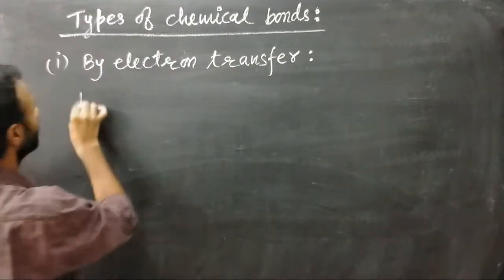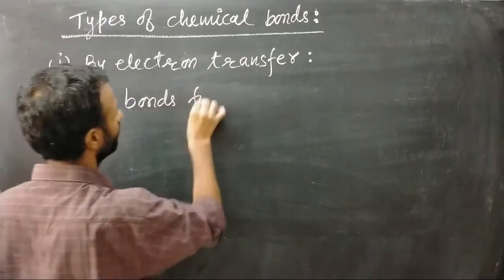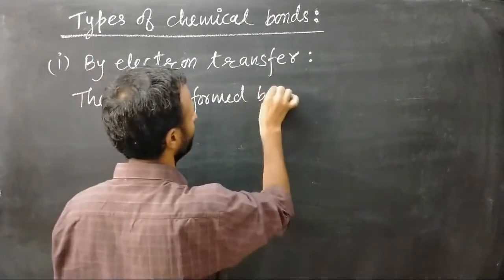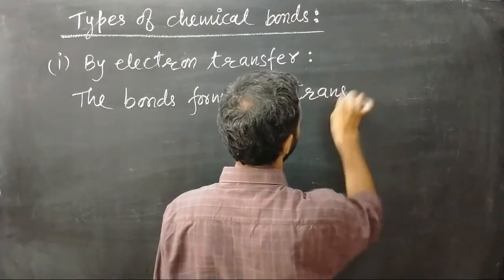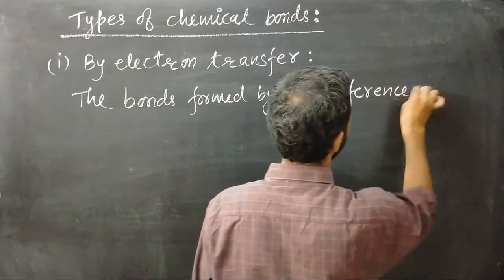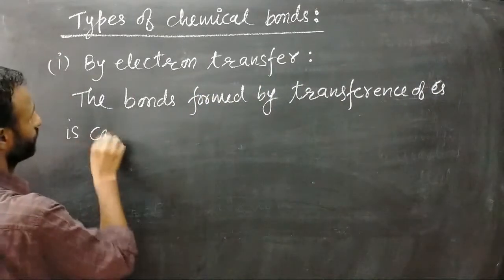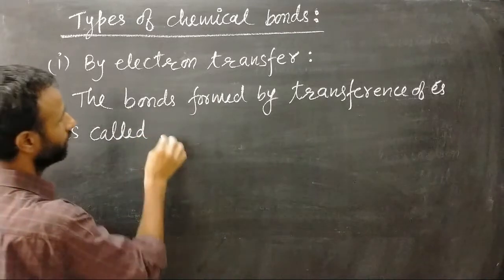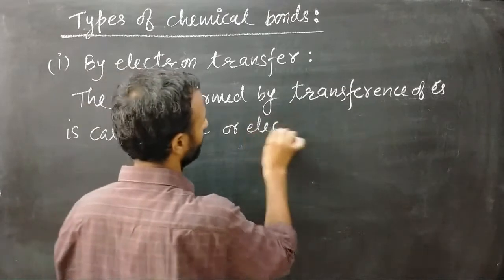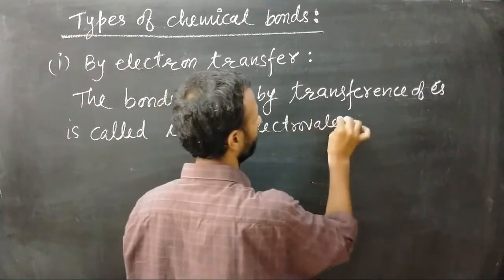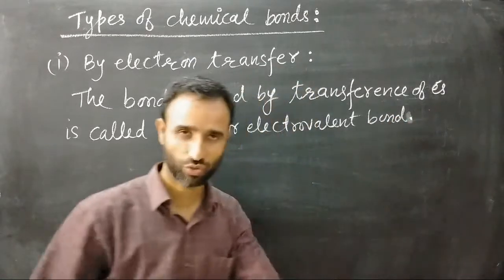So the bonds we have discussed now are only the bonds formed by transference of electrons. Transference of electron is gaining or losing electron. That is the ionic or electrovalent bond, that we have discussed. Okay.